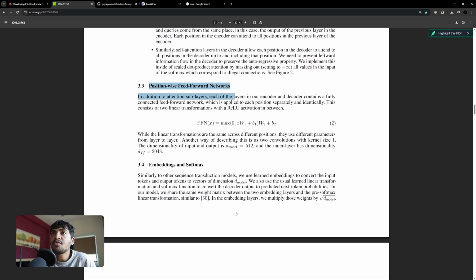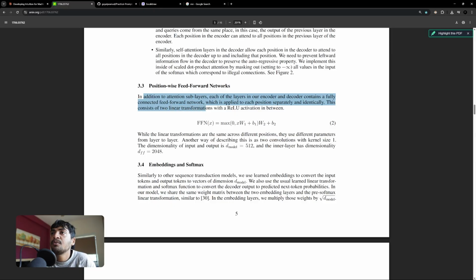Now moving forward to the point-wise feed-forward network. This is a basic feed-forward network. You can look over here. They are applying a simple ReLU, I believe. Yeah, so it's a simple ReLU activation function, and it's a feed forward network. In addition to attention sub-layers, each of the layers in the encoder and decoder contains a fully connected feed-forward network, which is applied to each position separately and identically.